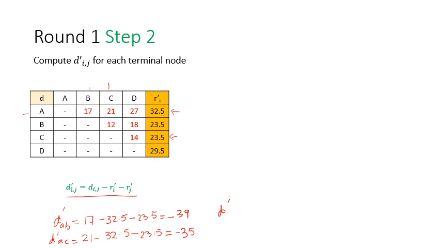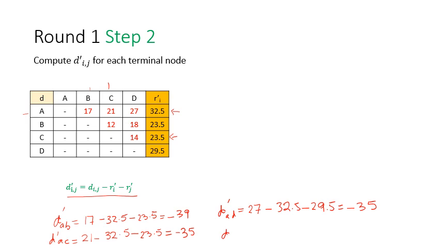The d prime of A to D will be calculated as the observed distance between A and D, which is 27, minus R prime A, which is 32.5, minus R prime D, which is 29.5. If you calculate these numbers, you will get minus 35.